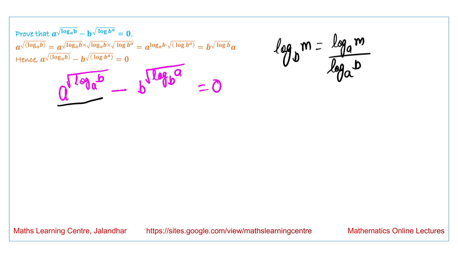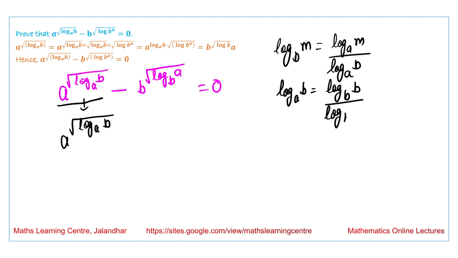So if we start with this term, it is a raised to the power square root of log of b to the base a, and we want to change the base over here. It is log of b to the base a, and I want to change the base to b. So I will get 1 over log of a to the base b. So this gives us that log a b into log b a is equal to 1.